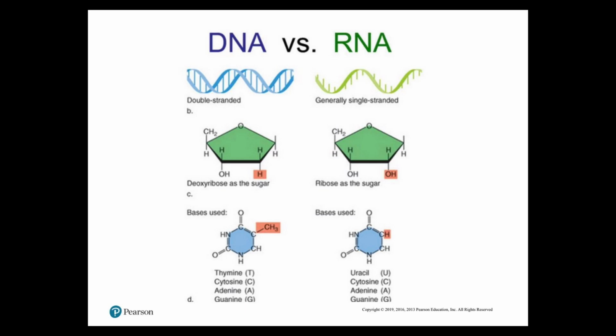In DNA, the pentose sugar is deoxyribose, whereas in RNA, the pentose sugar is ribose. The bases in DNA are thymine, cytosine, adenine, and guanine, whereas in RNA, the bases are uracil, cytosine, adenine, and guanine.